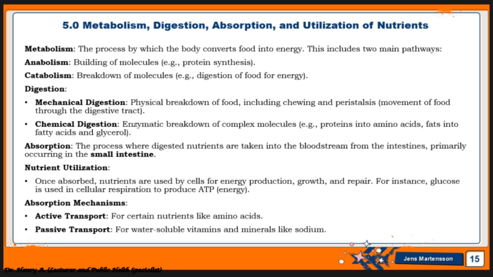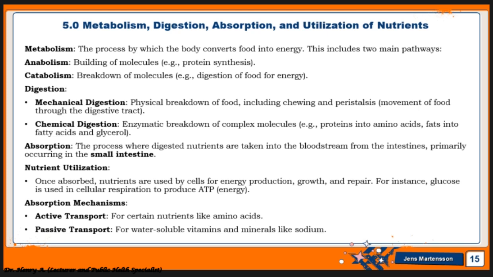So, in the case of mechanical digestion, it is physically the breaking down of food, and that occurs by the process of chewing and peristalsis, like you find in higher animals and also ruminant animals. You find that this food passes through a kind of circle along a rigid wall, and then they break down until it becomes chyme in simpler form like a paste, and then it is now digestible.